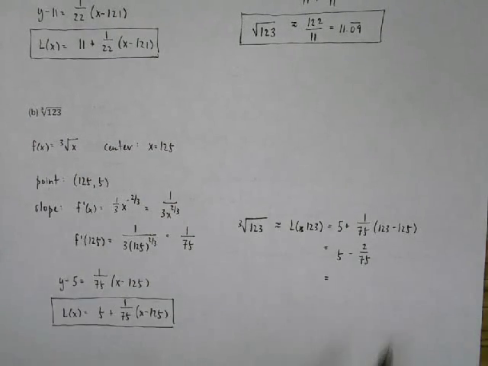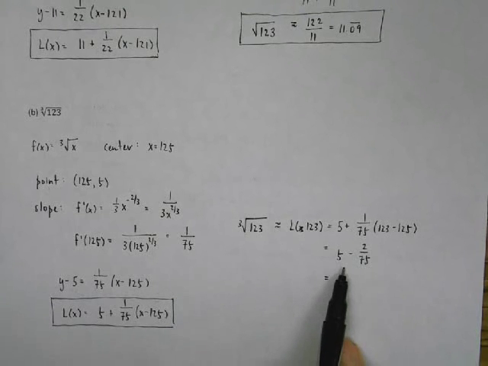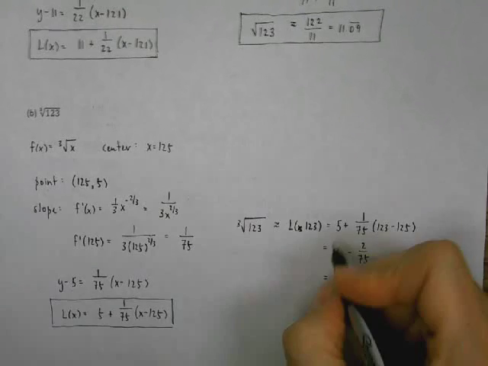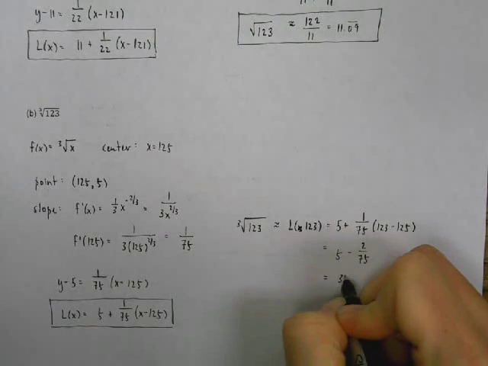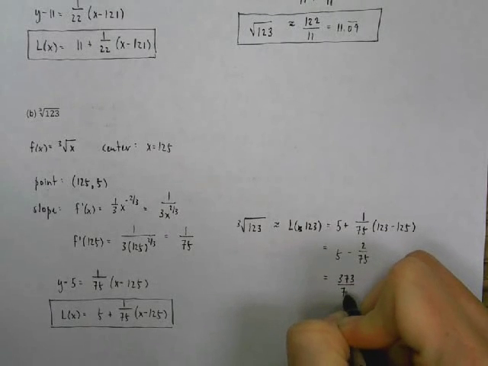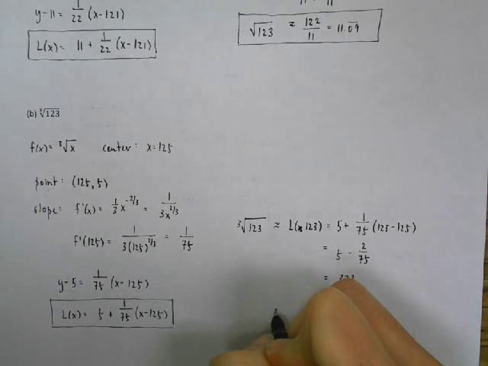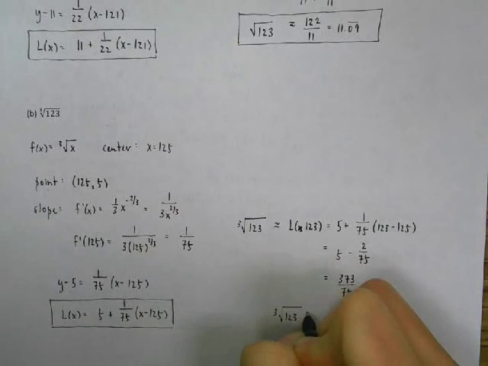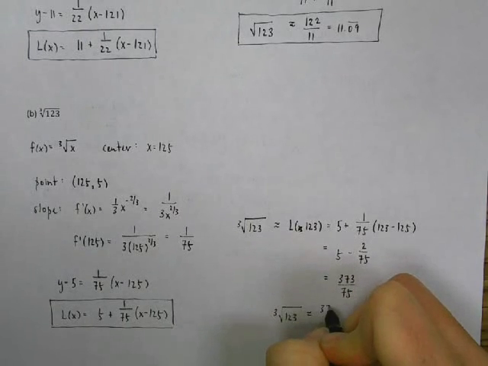Let's see, 375 over 75, so 373 over 75 is our approximation. So we would say the cube root of 123 is approximately 373 over 75.